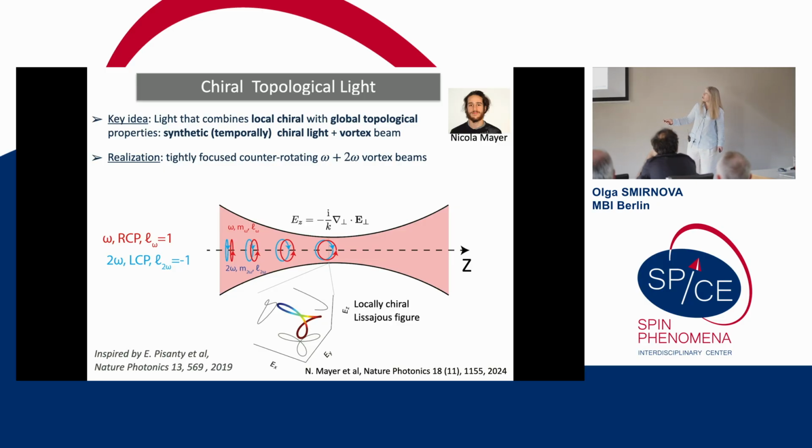And then what happens is that the longitudinal component appears, like Kane beautifully explained in his lecture. And then the chiral Lissajous figure in this case is actually like this. So it's a little bit like a knot, and it is chiral. Now the advantage is that you combine local chirality with a global property of topology.